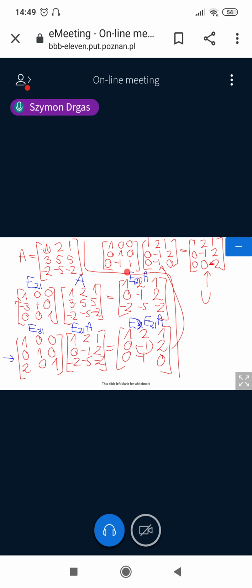Okay, and finally we have to eliminate the 3-2 element.